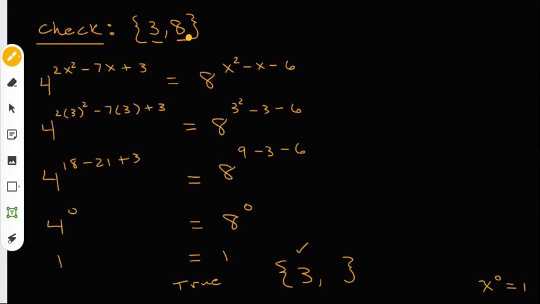Now we're going to try 8. I want to try x equals 8. So here's my original equation. What we're going to do with this is plug in 8 everywhere we see an x.